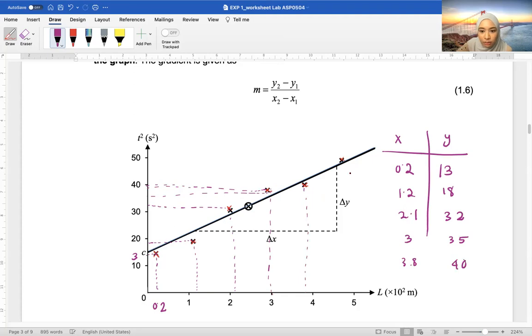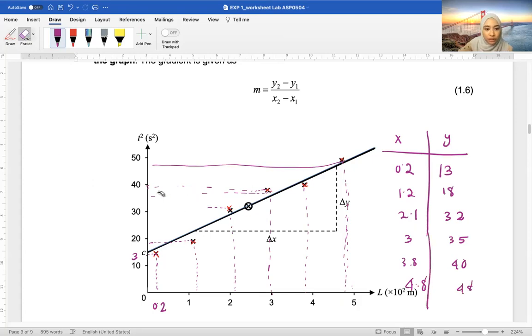Okay, sabar dulu saya tengah buat data point ni. Nanti kita nak buat pakai untuk centroid. This is not 5. This is 4.8 maybe. I don't know. And then this is 48. Don't know. Maybe. Okay, so that is my data points, rough estimation for the purpose of finding the centroid later.